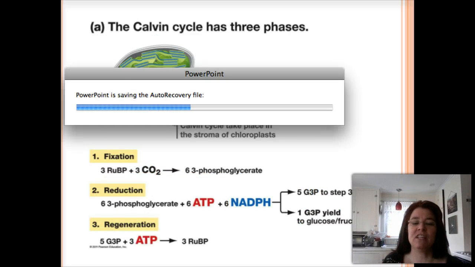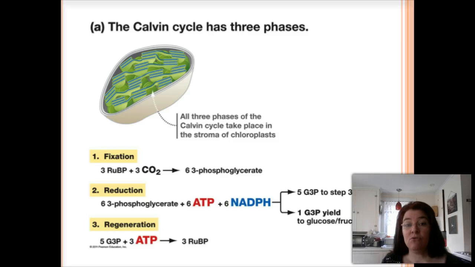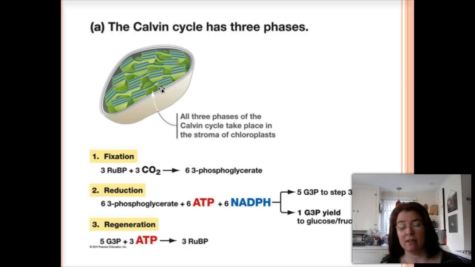So we have fixation, reduction, and regeneration, and those 3 phases make up the Calvin cycle. Make a note here that all 3 phases of the Calvin cycle are taking place in the stroma. That's the space in the chloroplast that's in between the outer membrane and the inner thylakoid membrane.